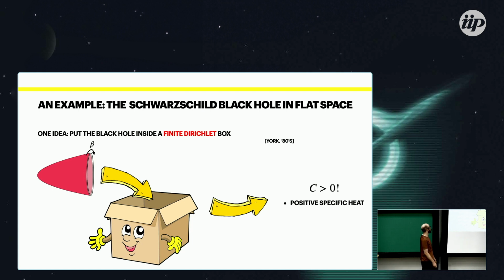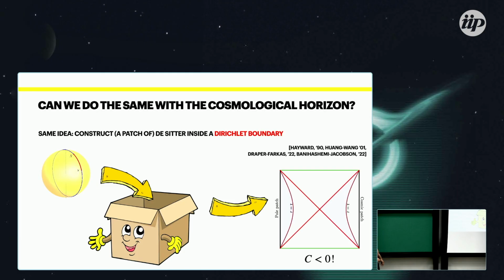stabilizing these thermal objects. Of course, we can try to do the same with a piece of de Sitter, and then we can try to cut the sphere, that is the Euclidean static patch, and put again a Dirichlet boundary. So we take our sphere, we put it in the box, and that exercise has been considered already a long time ago as well.